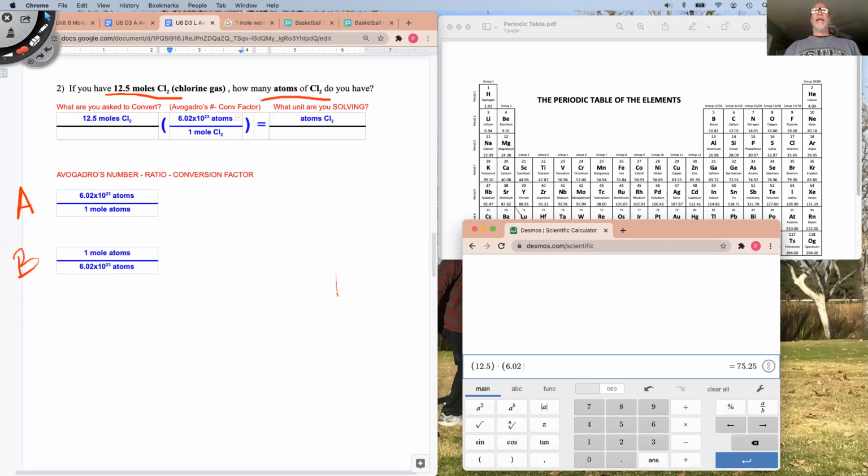Hopefully you guys are getting good at memorizing this number. 6.02 times 10 to the 23rd. And remember, I'm going to push this A to the B button right here. If you can't see what button I'm touching, it's this button right here. I'm going to touch that button right there. Whoops, I want that on the inside of my parentheses though. And I'm going to go to the 23rd, right?